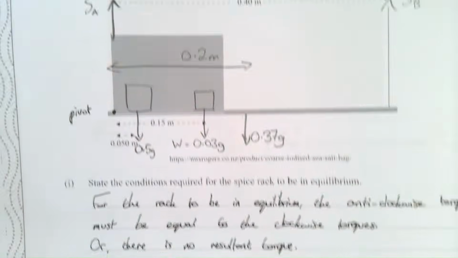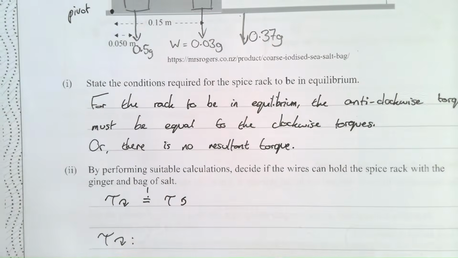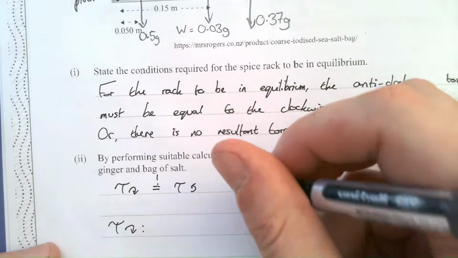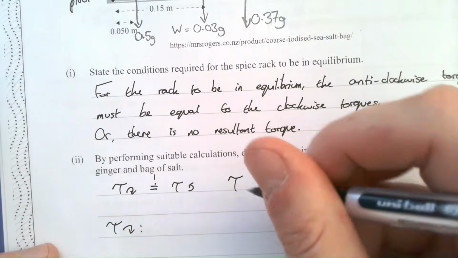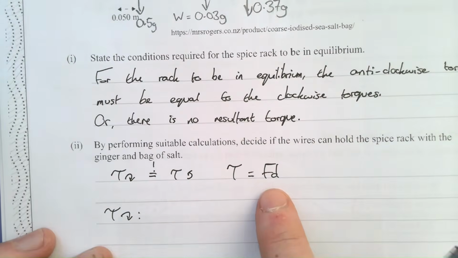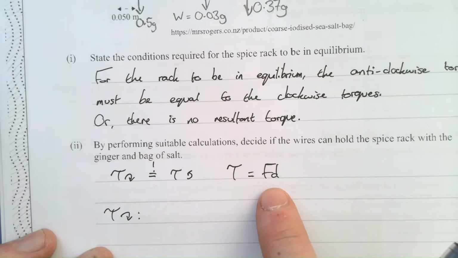So we've got 3 forces acting clockwise, and we've got their various distances labelled on. Because our equation for torque is force times distance, we're going to do this for each individual force and add them all together. I'm going to use lots of brackets just to be really clean with it.